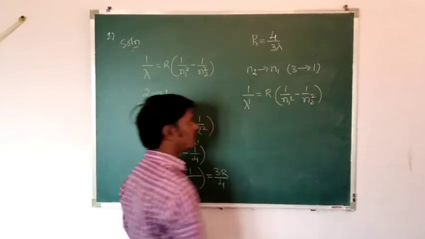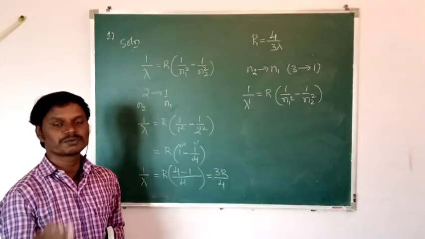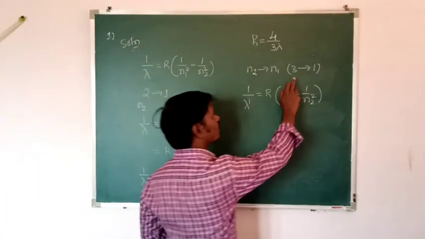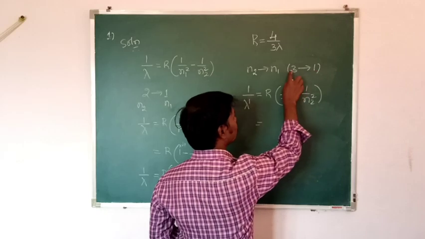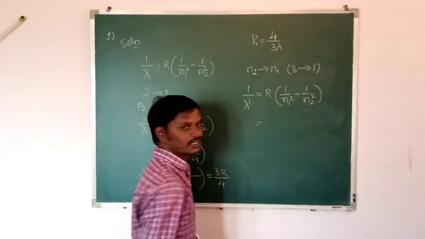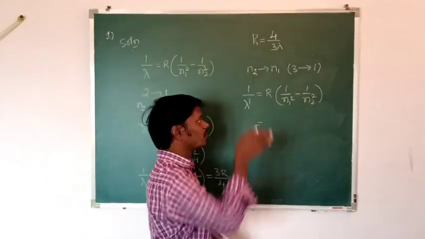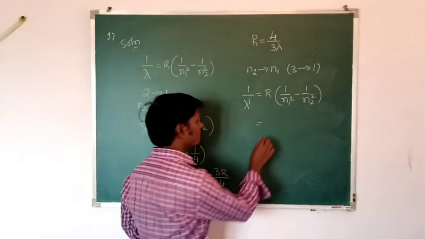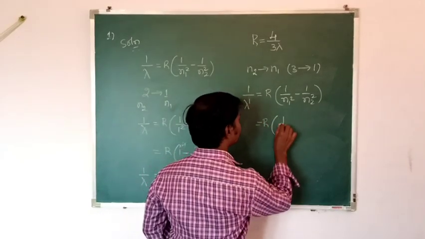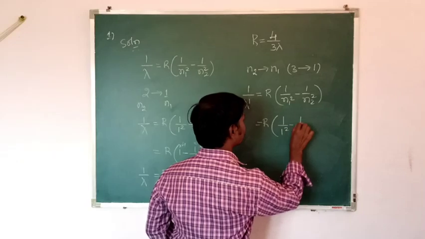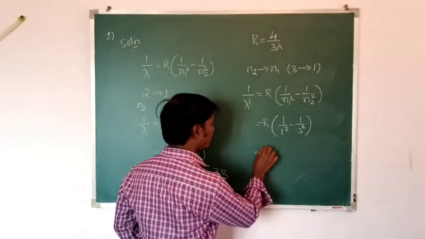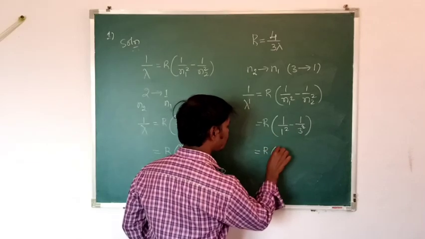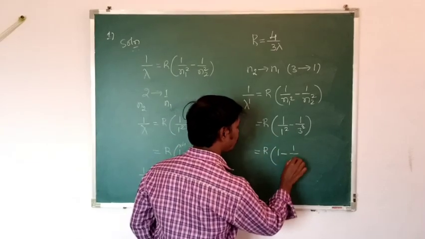Here the electron jumps from third orbit to first orbit. So the first orbit is 1, and the higher orbit is 3. The electron jumps from higher orbit to lower orbit. Then R into 1 by 1 square minus 1 by 3 square. On solving, 1 by 1 square is 1 minus 1 by 9, because 3 square is 9.